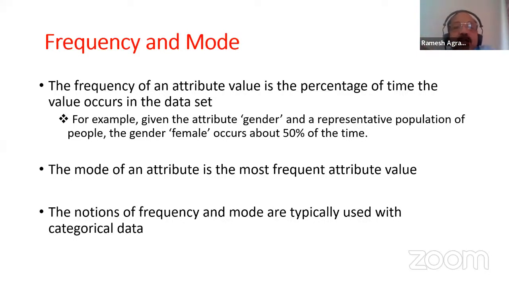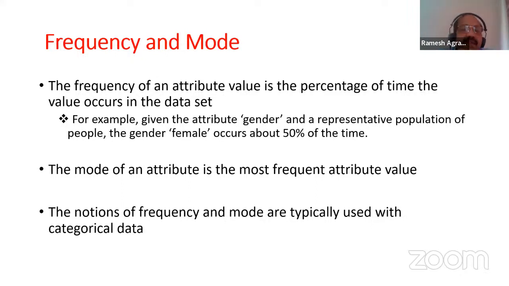You want to find out how many times this value, let's say A1, is occurring in that field. So that we talk about as a percentage. Let's take an example. In general, if you take any random sample, you will find in most situations that the gender population is around 50%.